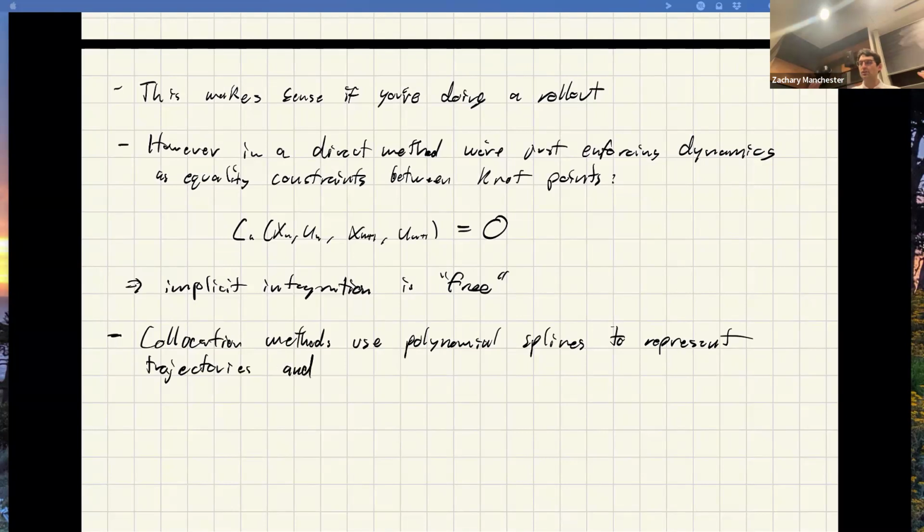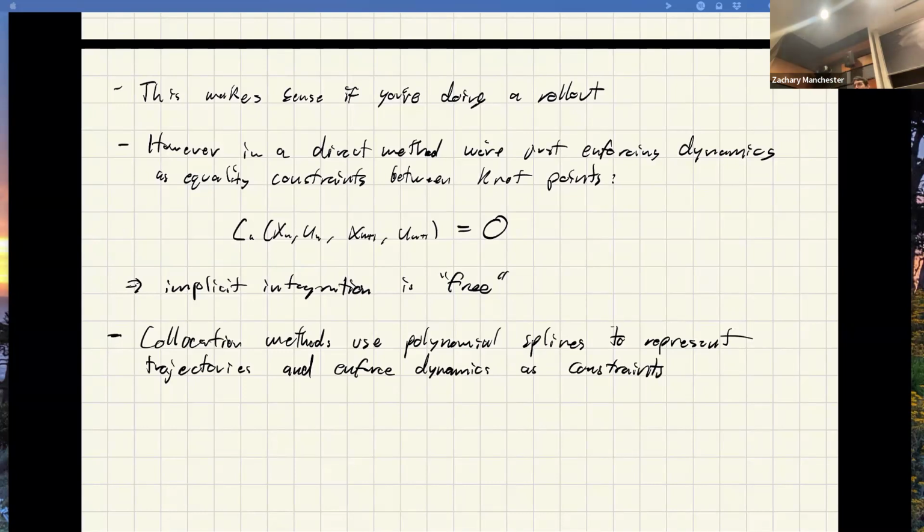And basically what you do is you plug the spline in, and then you enforce the dynamics as constraints on the spline derivatives. And since they're polynomials, I can diff them in closed form.